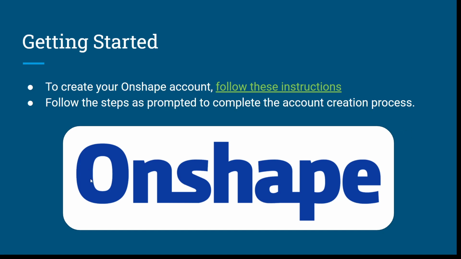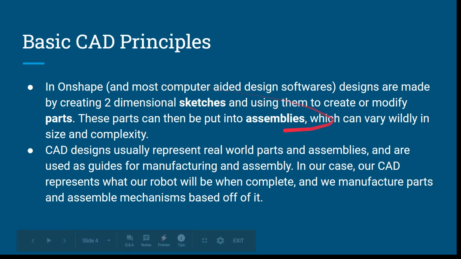But yeah, so next thing is we're going to talk about how to use Onshape, right? So in Onshape, and most computer-aided design software, once you know one CAD software, you know them all. There are definitely nuances, and there's definitely differences between how they work. But for the most part, it's the same few concepts, right?